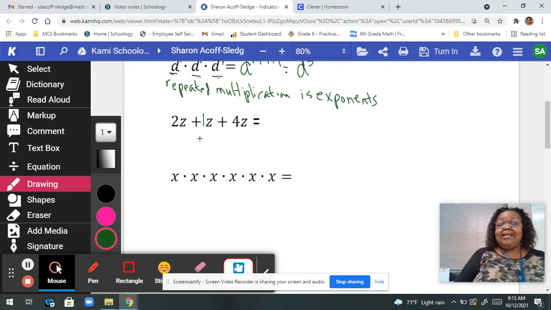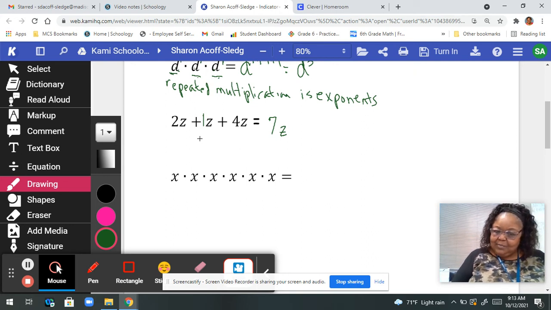We don't do anything to the exponents, because this is addition. 2 plus 1 is 3, and 3 plus 4 is 7. So I have 7 z's. And remember my example with the apples, 2 apples plus 1 apple plus 4 apples. So if you ever forget, remember to make it apples. Okay. All right, one more.